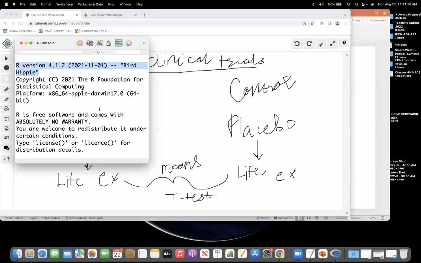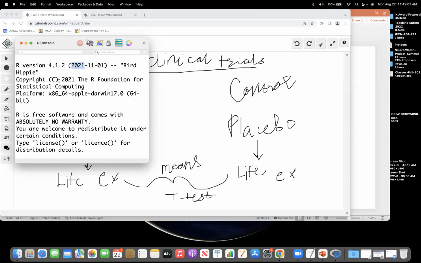Okay, so what I want to do is make sure you are able to open the R console, and then you should be able to see R version 4.2.1. Mine is I guess one version back, from 2021, but I think it's still compatible.